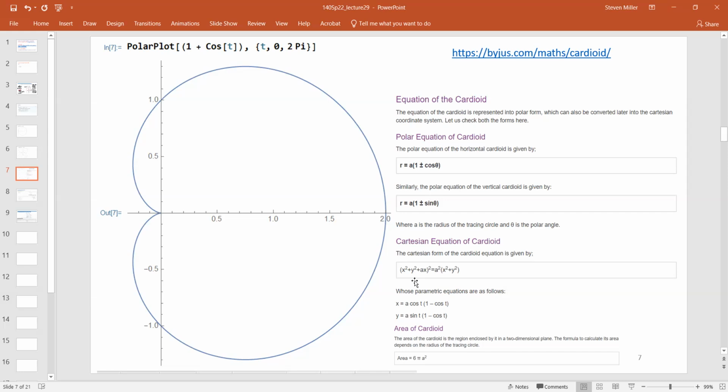Why am I using t rather than theta as my variable? Normally we use r and theta for polar coordinates. Why am I using t? It's two reasons.